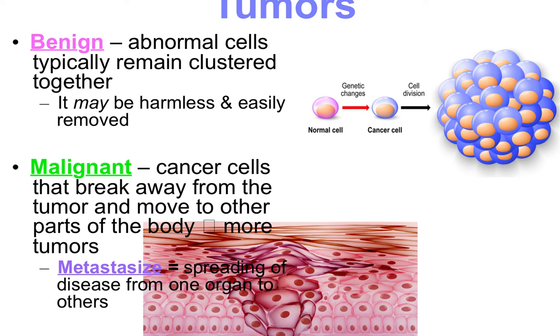Malignant is when the cancer cells have broken away from where they originally were. They've moved to other different parts of the body, and they've signaled other cells, creating more tumors. When cancer has metastasized, it is spreading disease from one organ to another.